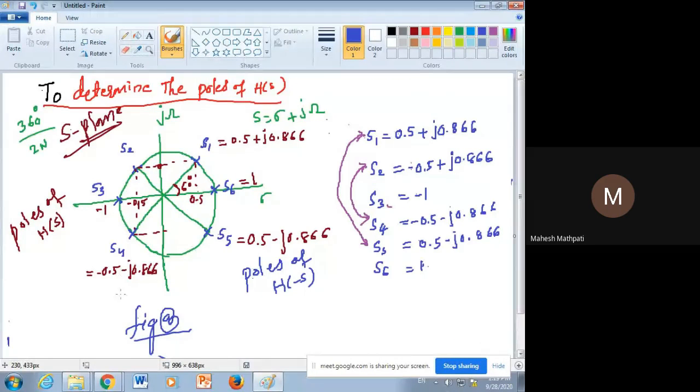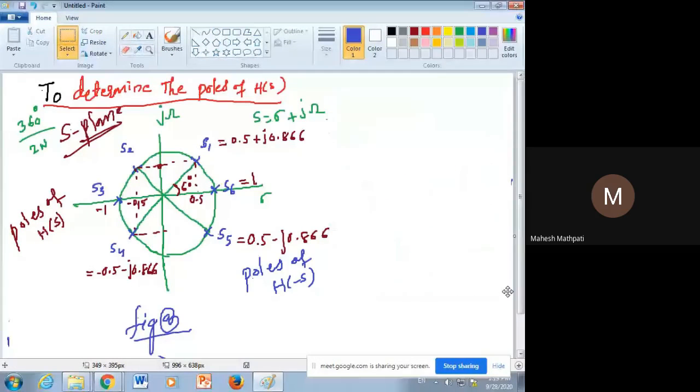ठीक है. राइट, you just write one line. The poles are distributed on the unit circle.